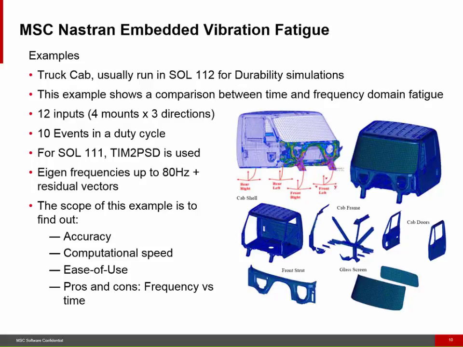The whole duty cycle consists of 10 different events, and the time histories are transformed to PSD using the time to PSD utility. We solve eigenmodes up to 80 Hz, which in this case is around 60 modes, and then we add residual vectors to the loading points to increase the accuracy of the modal solution. That is also the case for the modal transient analysis. And then we want to compare the accuracy of the results, some of the computational speeds, and the ease of use of the 2 different methods.